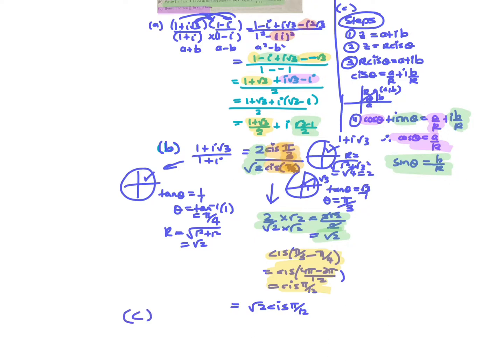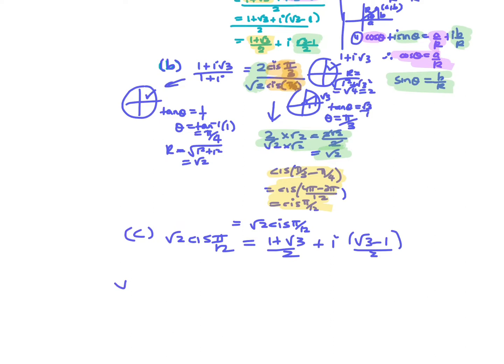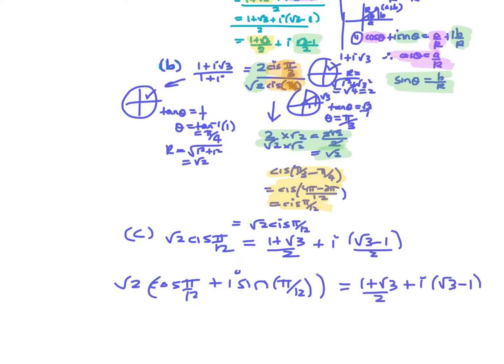So that means that root 2 cis pi on 12 would have to equal 1 plus root 3 on 2 plus i root 3 minus 1 on 2. So root 2 times cos pi on 12 plus i sine pi on 12 equals 1 plus root 3 on 2 plus i root 3 minus 1 on 2.